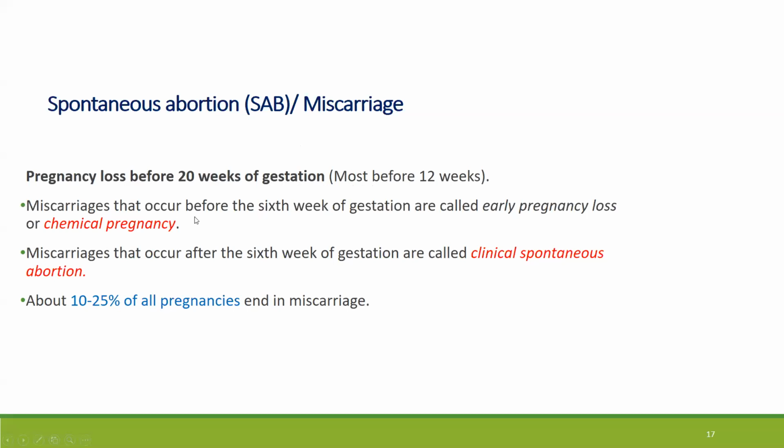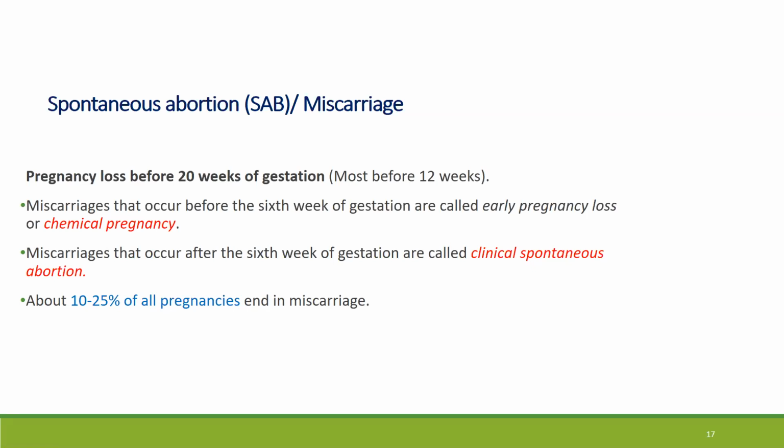A miscarriage that occurs before the 6th week of gestation we call early pregnancy loss or chemical pregnancy. It's good to memorize all of these terminologies and pay attention to them in the clinical lecture, as they are really important.